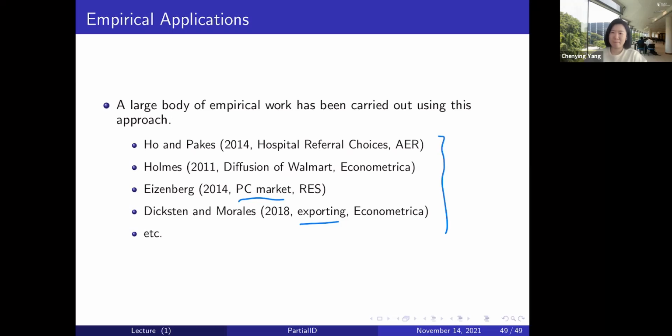Yes. So for whether the bounds are too wide, it depends on the application, but in the empirical papers that I read that use these approaches, they normally get quite informative bounds. And oftentimes if you use conditional moment inequality, the information provided by the inequality can be a lot.